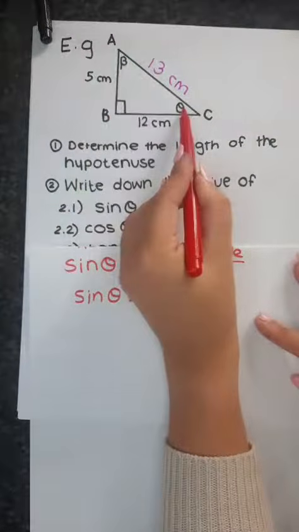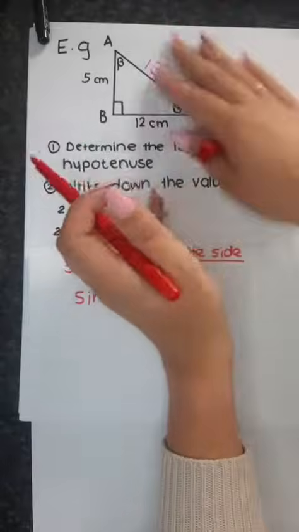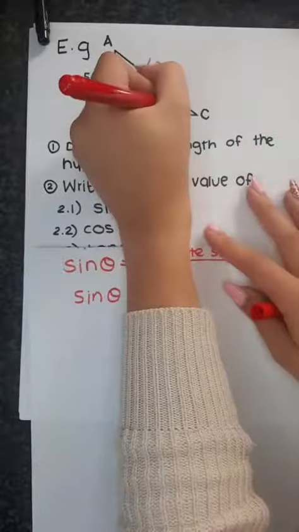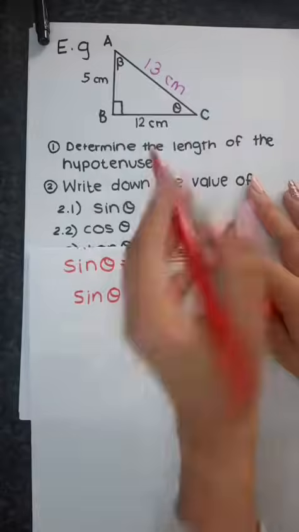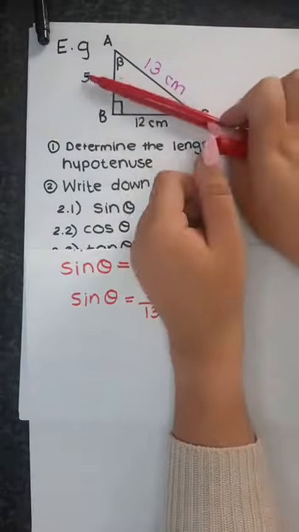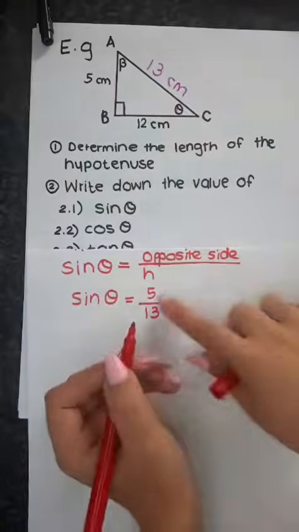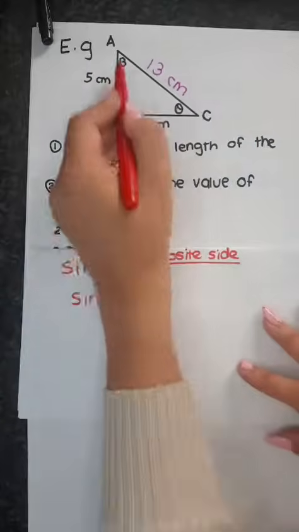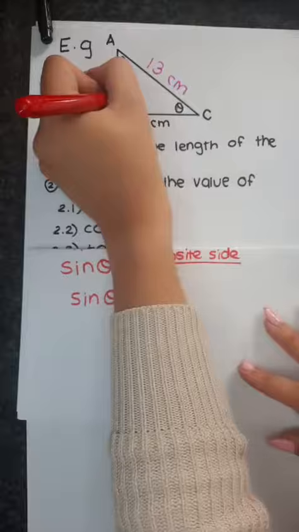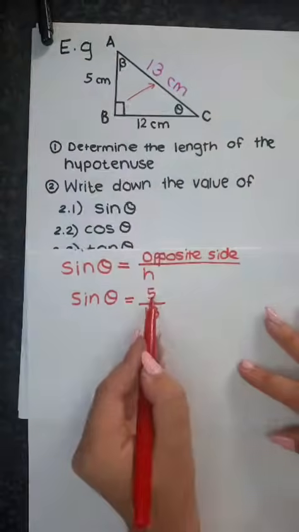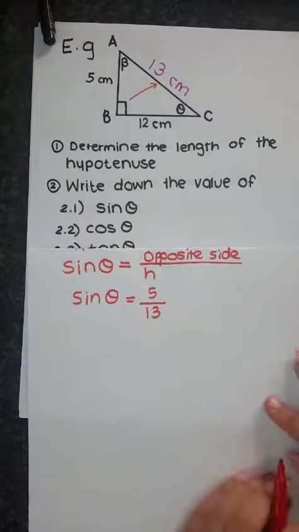Look at theta in your triangle. Remember, draw the eyes on theta. If theta looks opposite him, what side is he looking at? His opposite side is 5. What is the hypotenuse in this triangle? The hypotenuse is 13. So 5 over 13.